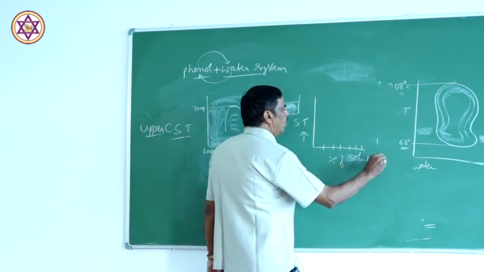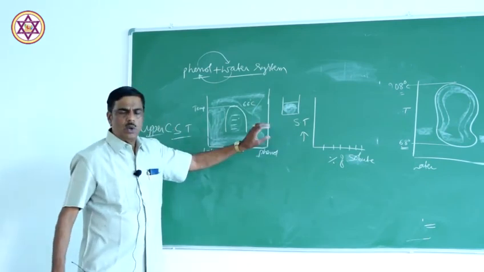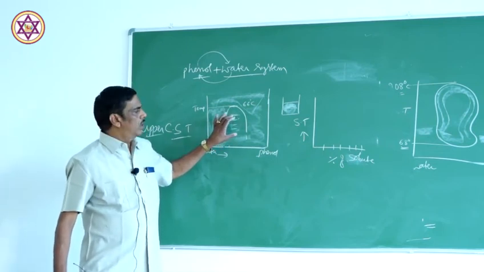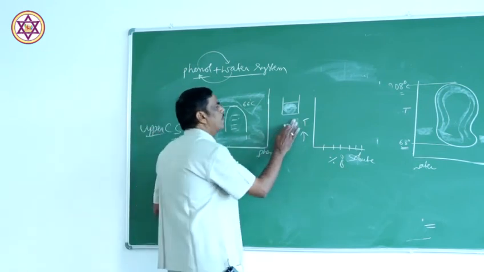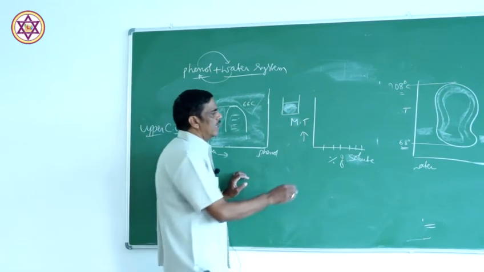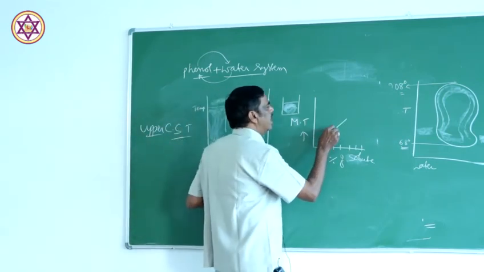If you go on adding the solute to a known mixture of phenol and water, what happens? The solubility temperature, or miscibility temperature, both of them are the same, goes on increasing. Therefore, as the percentage increases, miscibility temperature increases.